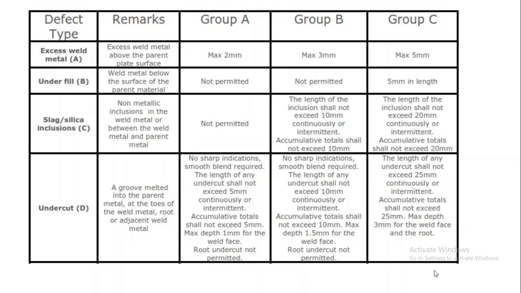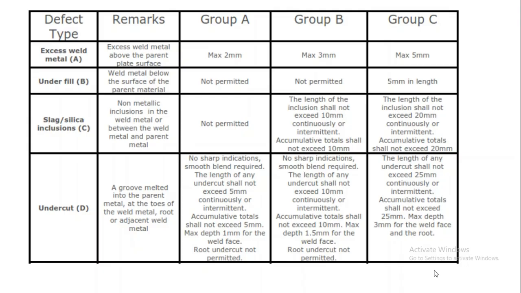You have to measure the length of the slag inclusion, either continuous or intermittent. If you notice slag inclusion in multiple positions with a gap, that's intermittent. The length should not exceed 20 mm.